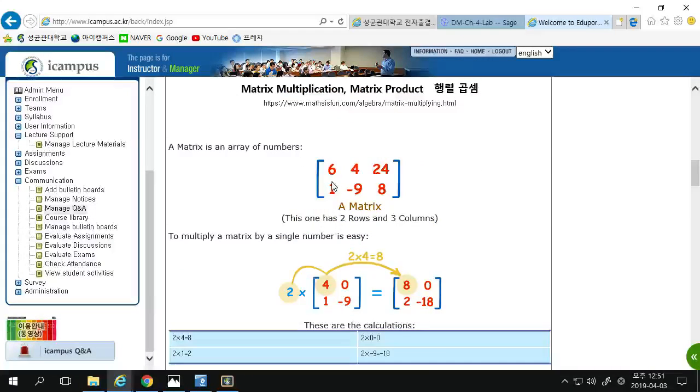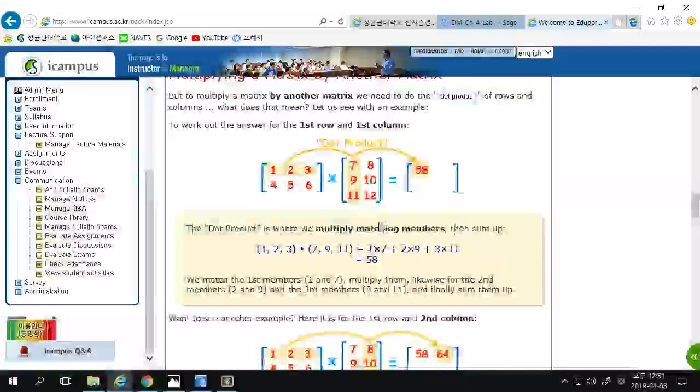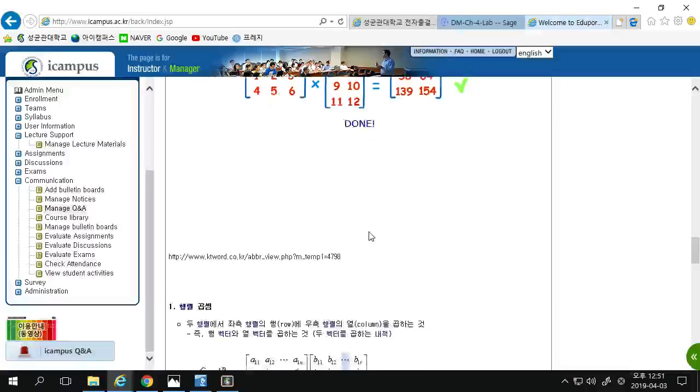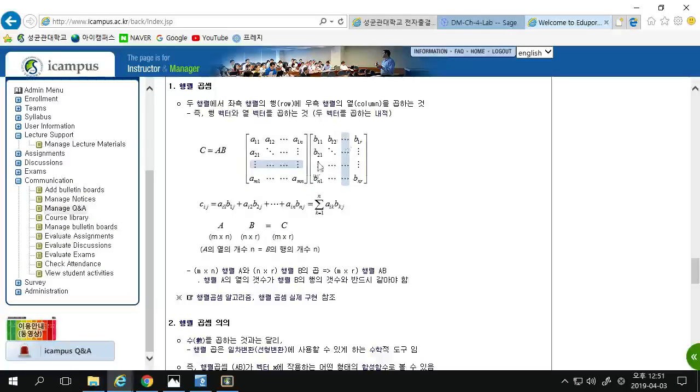So if you define matrices A and B of the same size, then C, which is the output, will come out with this code.